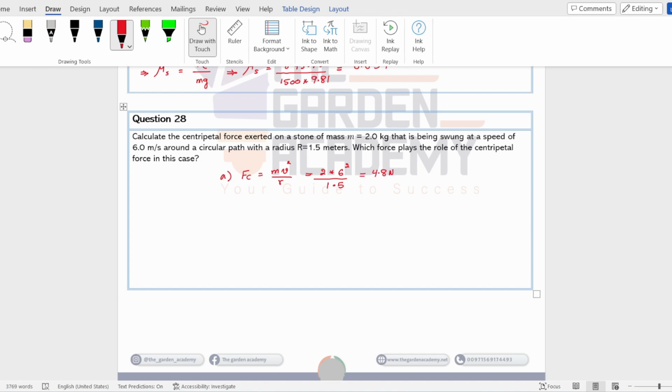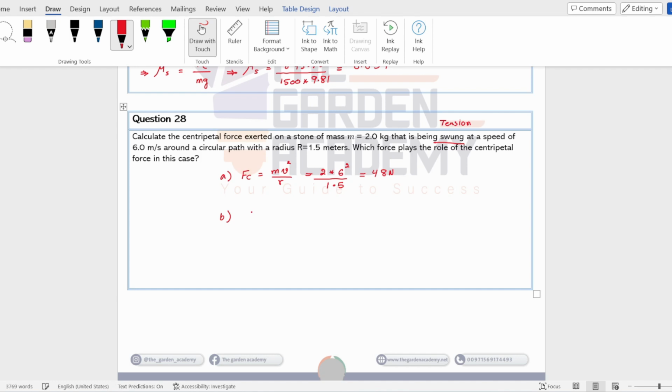Then we need to identify the type of the centripetal force. What type of force plays the role of centripetal force basically in this question? We simply say that since we have a string and the stone is being swung, يعني احنا قاعدين بندور هاي الستون باستخدام حبل أو خيط أو string. فبالتالي we can simply say that since it's being swung, that means we have a tension force.